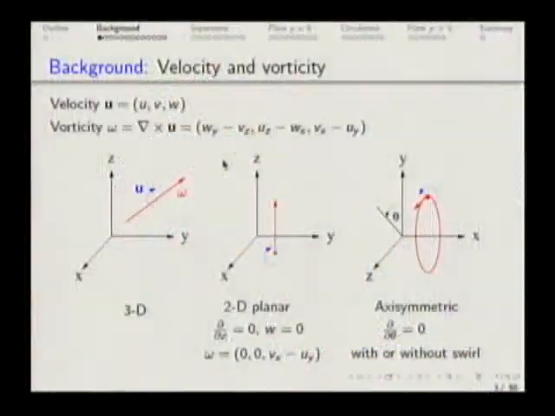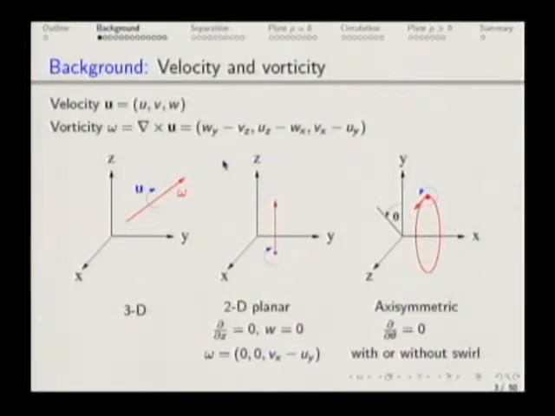In planar flow, the vorticity vector points up out of the xy plane and is usually denoted by a point in the xy plane. But if you see that point, you really should be thinking of a vortex line pointing out at you. Then there is axisymmetric flow, which means invariance in the theta direction.